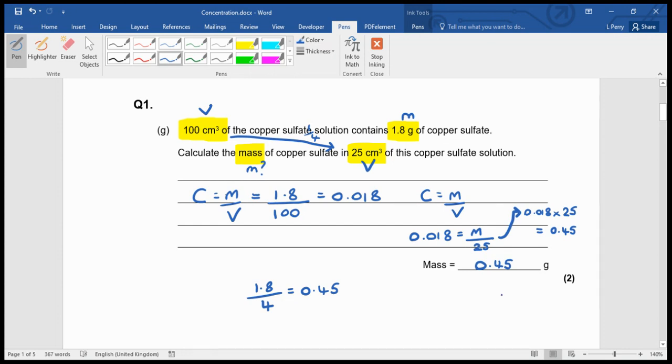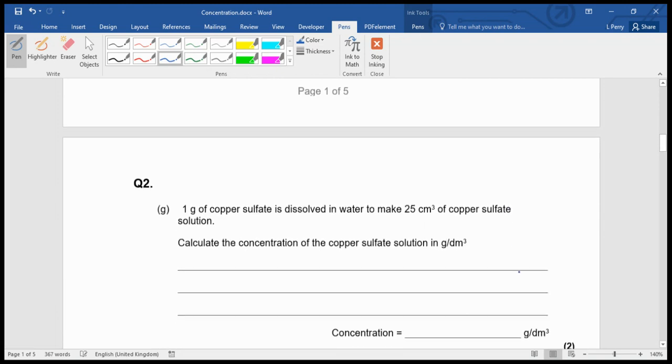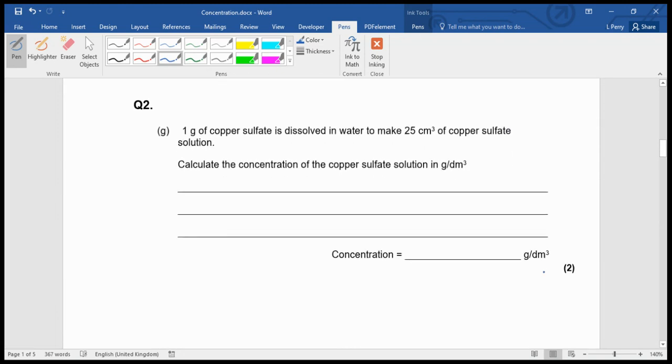Right, let's look at another one. Now in this one, we're going to have to watch out for units, and this is a very common thing. So 1 gram of copper sulfate is dissolved in water to make 25 centimeters cubed of copper sulfate solution. Calculate the concentration in grams per decimeter cubed.